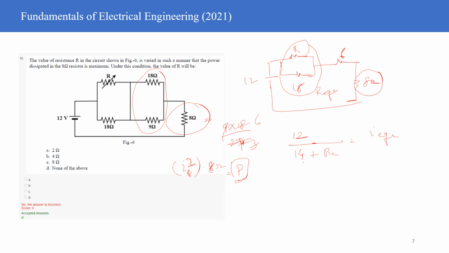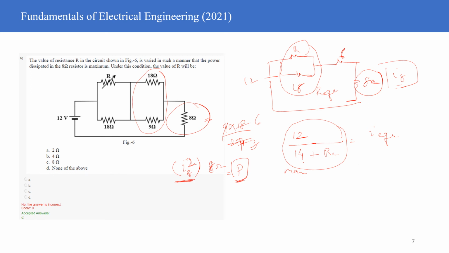I've labeled the current flowing into the 8 ohm resistance as I8. The current flowing in the 8 ohm resistance is maximum when this particular thing is maximum, because this is the equivalent current which will be flowing into the 8 ohm. Agreed?